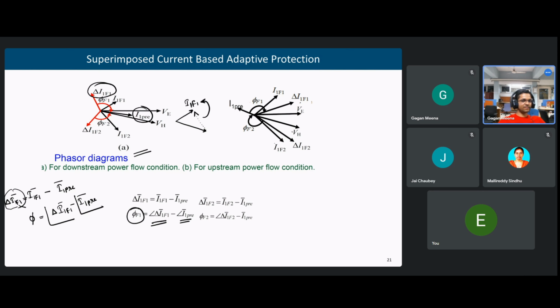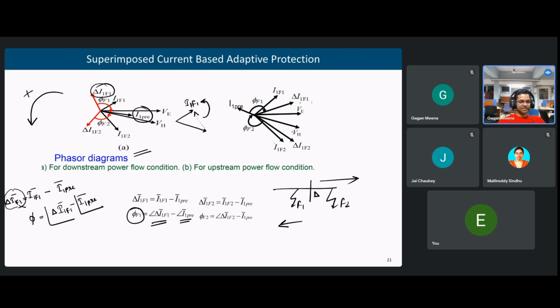This is F1 for the fault. This is F1 behind the relay and this is F2. So behind the relay, we can say reverse direction, and this is the forward. For reverse direction, this is positive because we consider this direction as the positive. So you can say this superimposed component is leading the pre-fault current.